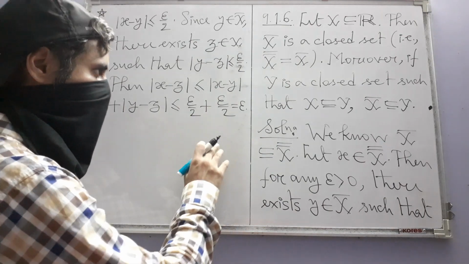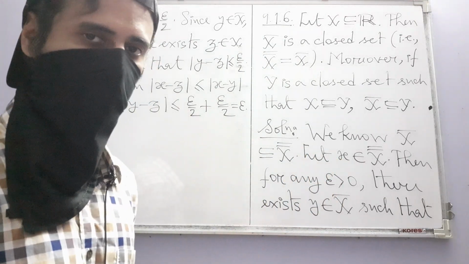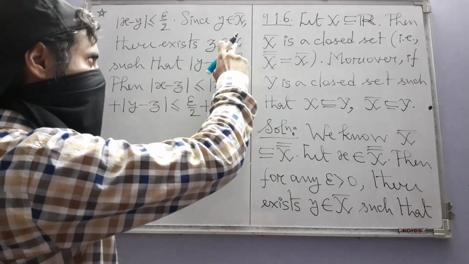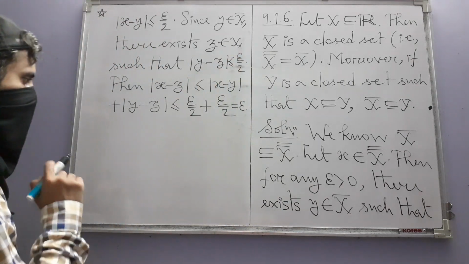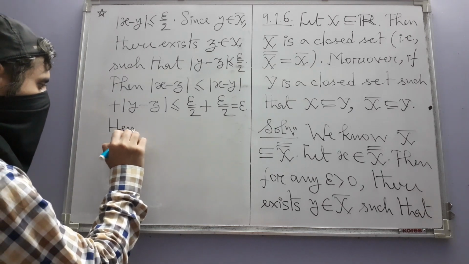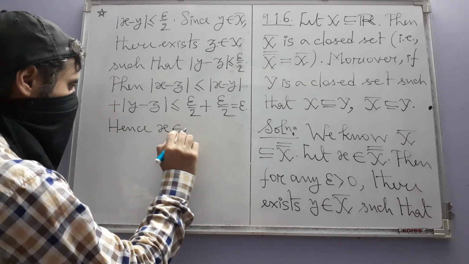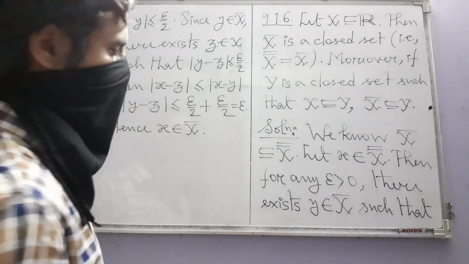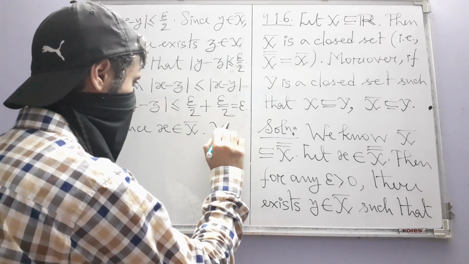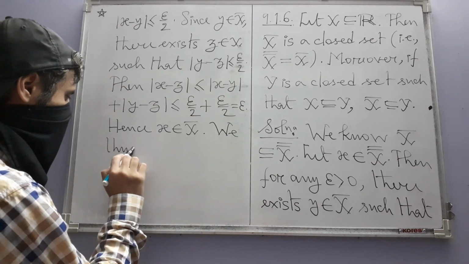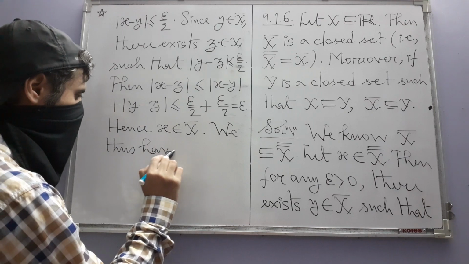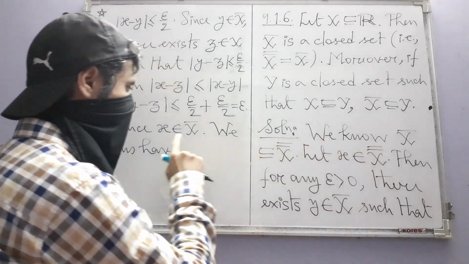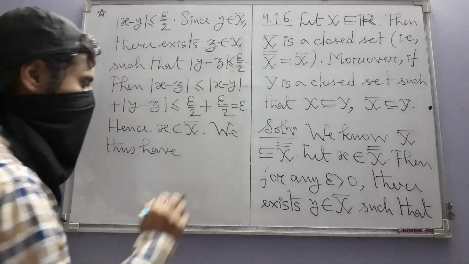So that makes x an ordinary adherent point of the set X, or in other words, it makes x an element of the closure of X. We thus have that x was an arbitrarily chosen element of this set, and it then belongs to this set.